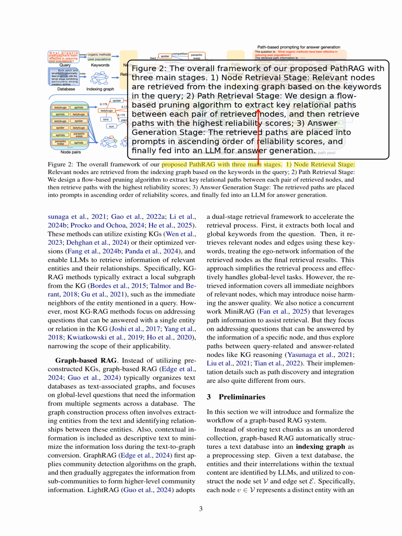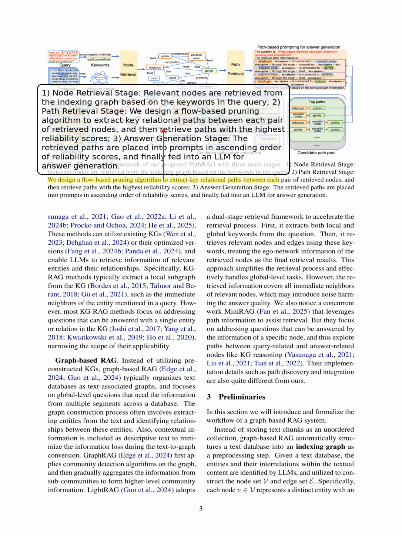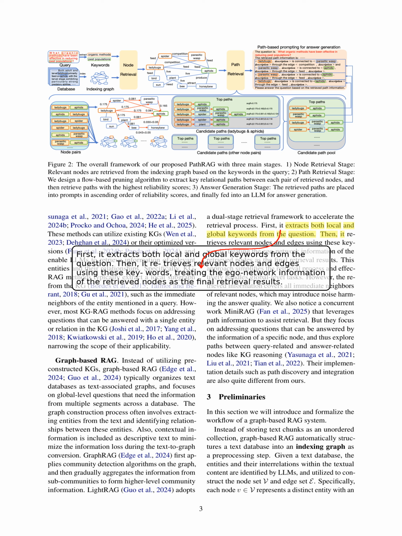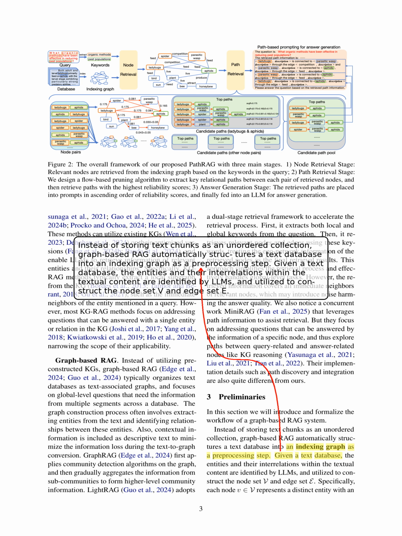The second stage is called path retrieval. Path retrieval. Yes, and this is where PathRAG uses a special algorithm to find the most important paths between the retrieved nodes, filtering out the noise and focusing on the most reliable connections. So it's like our detective is sifting through the evidence, right? And identifying the most promising leads.